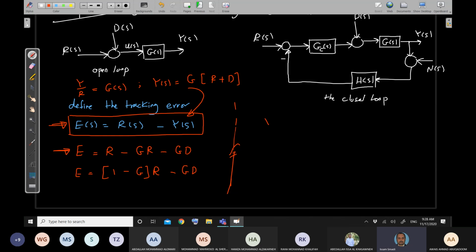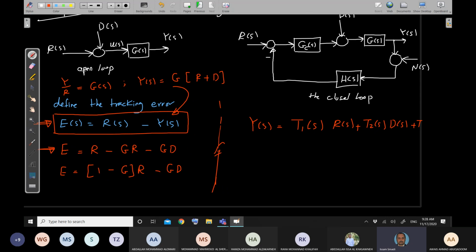It will equal a certain transfer function T1 multiplied by R(s), plus another transfer function T2 multiplied by D(s), plus a third transfer function T3 of S multiplied by N(s).